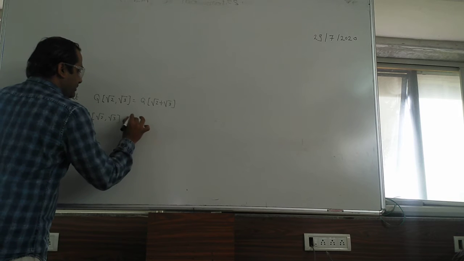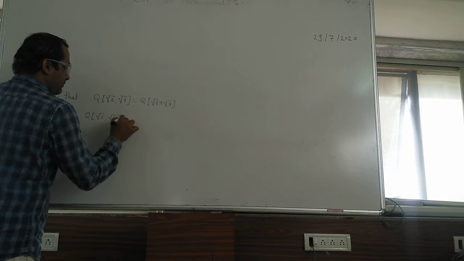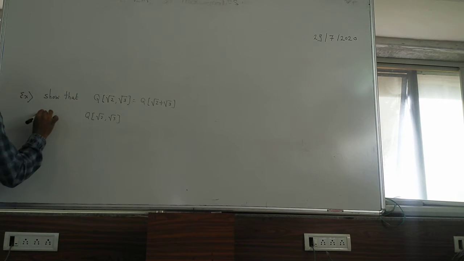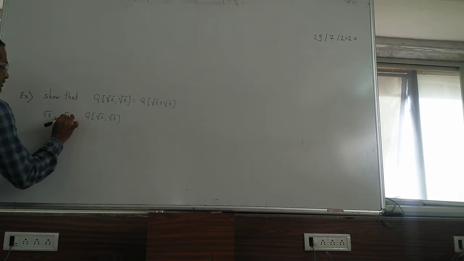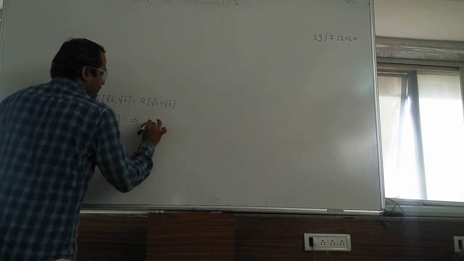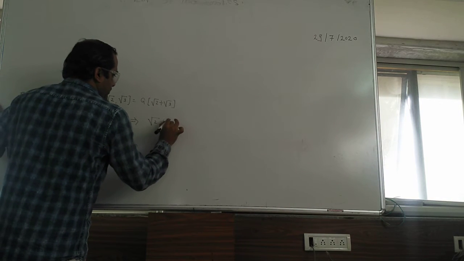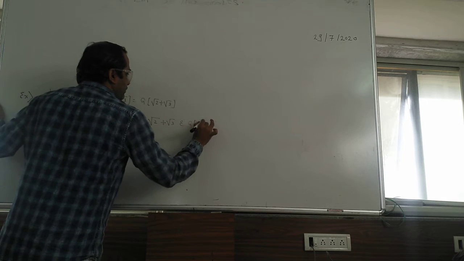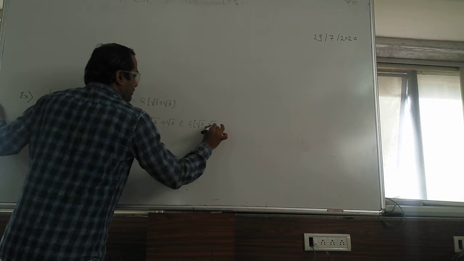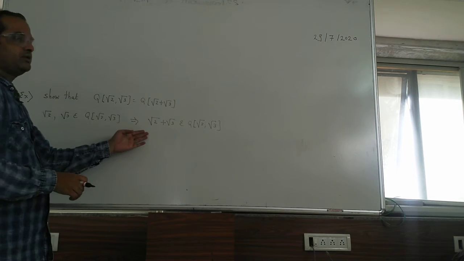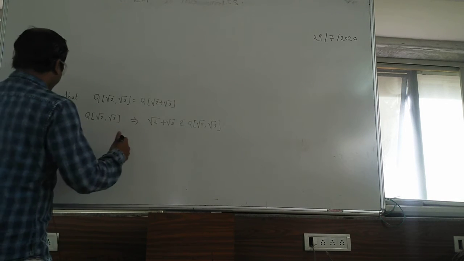So root 2 comma root 3 belongs to this, which implies root 2 plus root 3 belongs to Q of root 2 comma root 3. This is the property. We just attach the rational numbers, all the rational numbers. What do we get finally?